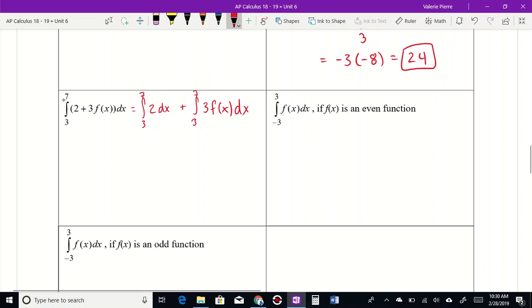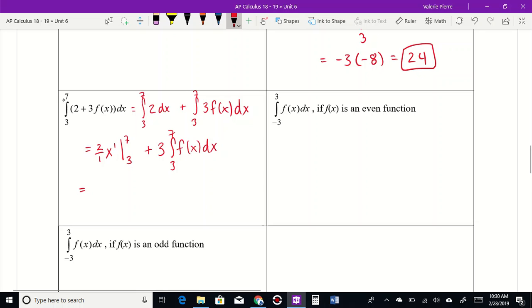So when we integrate 2, right, polynomial-like function, so add 1 to the exponent, divide my coefficient by my new exponent, and I want that integrated from 3 to 7. And I'm going to add to that, I have a constant here that I can pull out, and I'm going to integrate f of x from 3 to 7.